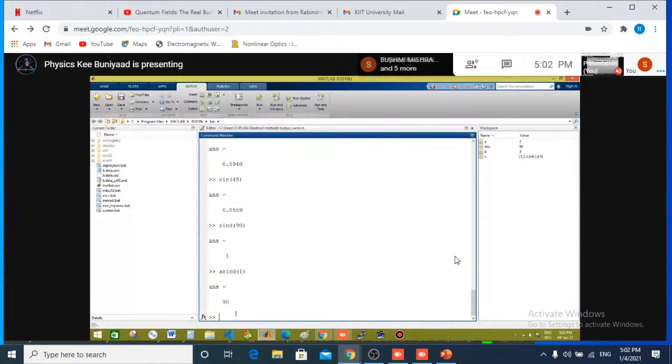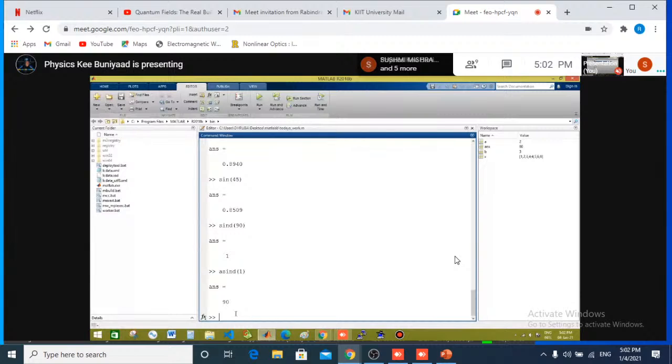So we will not go to cos, tan, etc. We will go to the next one. Sine hyperbolic is sinh. It is only sinh, there is no sindh. There is sinh, but there is no degree version.